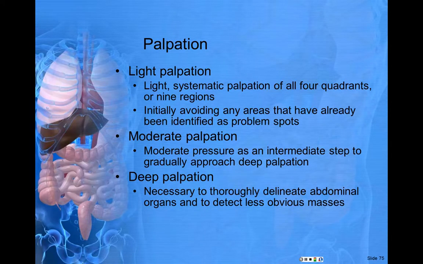Then next is palpation. So we've done inspection, auscultation, now palpation. You start with light and then moderate and deep palpation after that. Light is a systematic palpation of all four quadrants, avoiding any areas that have already been identified as problem areas.